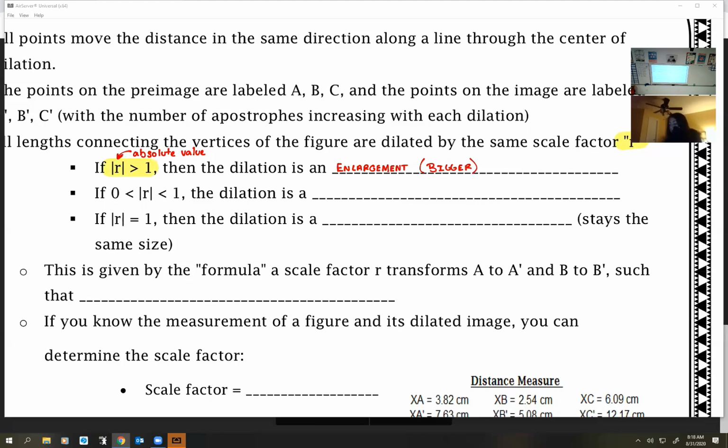If the absolute value is between 0 and 1, the dilation is a reduction, which means it gets what? It gets smaller.